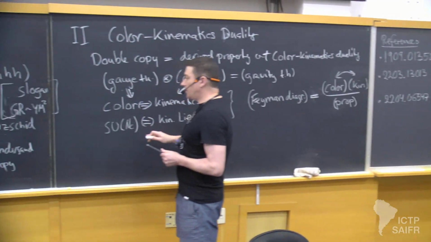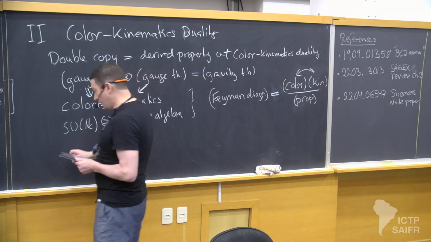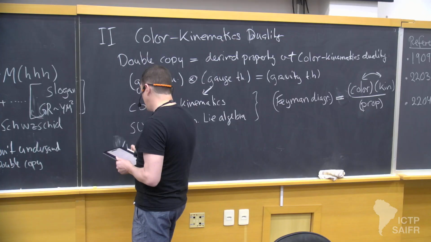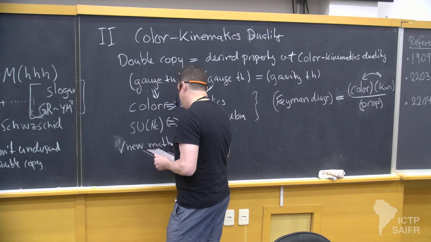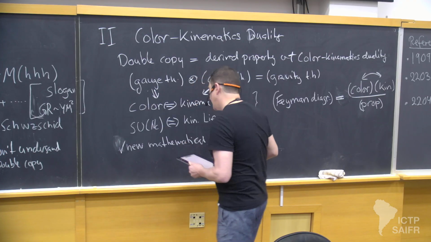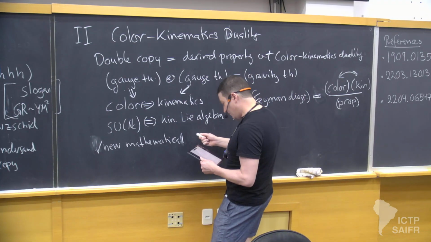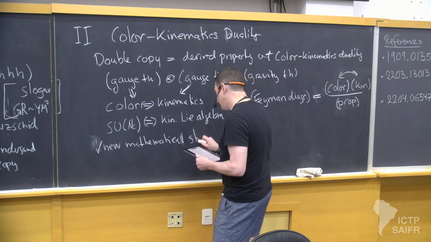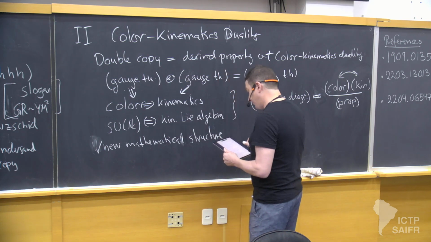And so if you just think of color-kinematics duality by itself and ignore the double copy thing, it has a number of positive things about it. So it also implies a new mathematical structure in gauge theory.